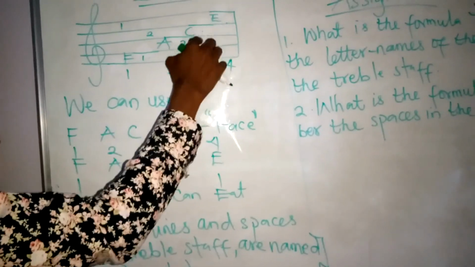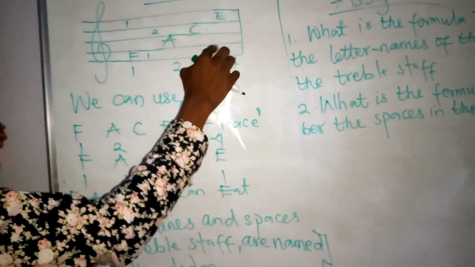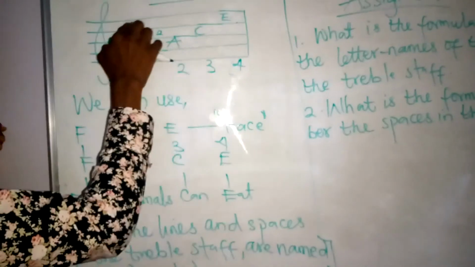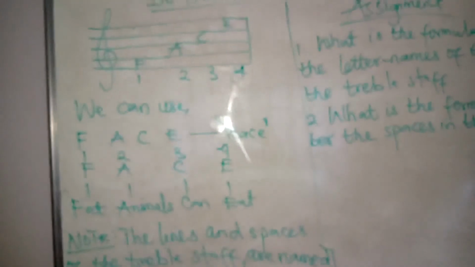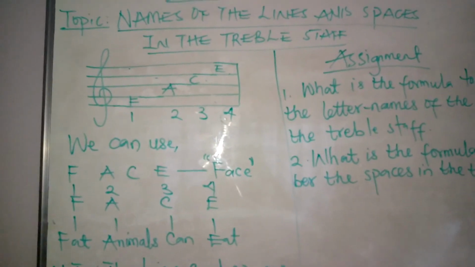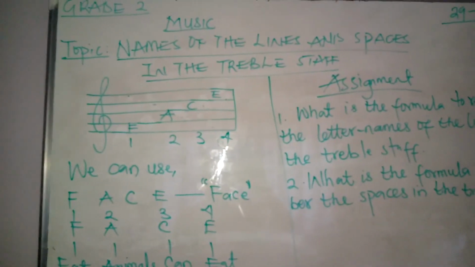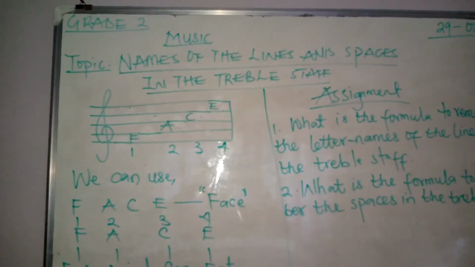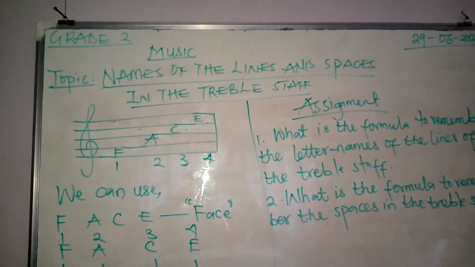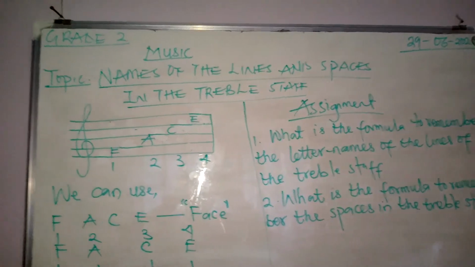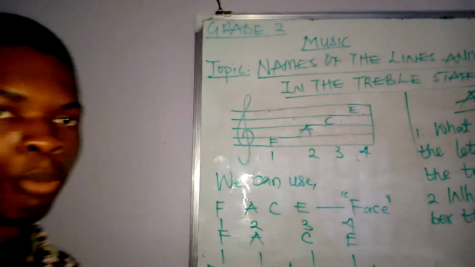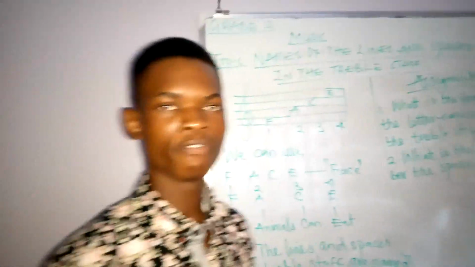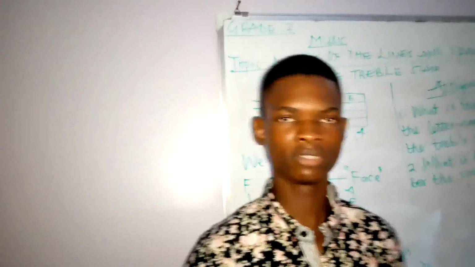So at this point we'll take everything again from the top. We mentioned that the lines of this treble staff are E, G, B, D, F, which is taken from the bottom. And then we said that the acronym we could use to remember it like a sentence would be every good boy deserves favor, or you could say every good boy deserves Fanta.